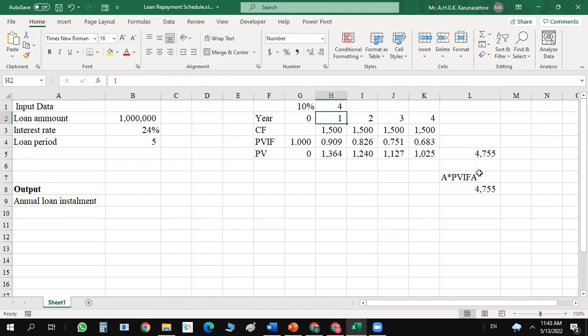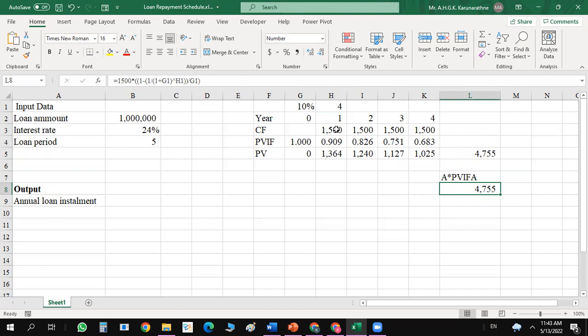You can see the same answer. So if there's an annuity, you can use the annuity formula, or you can read the table and take these figures.